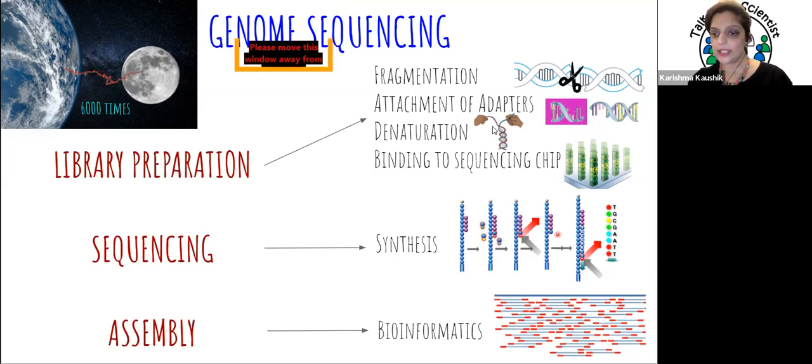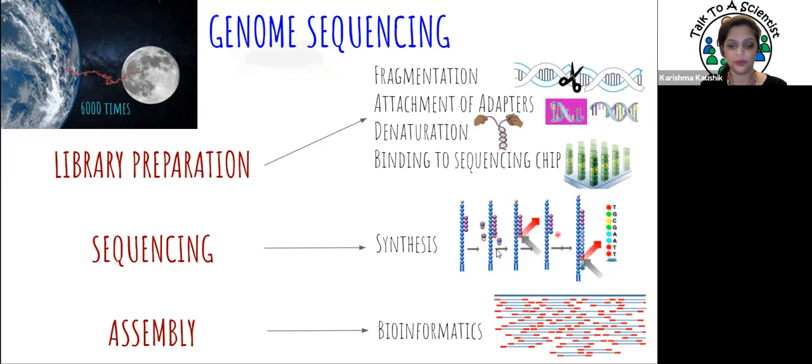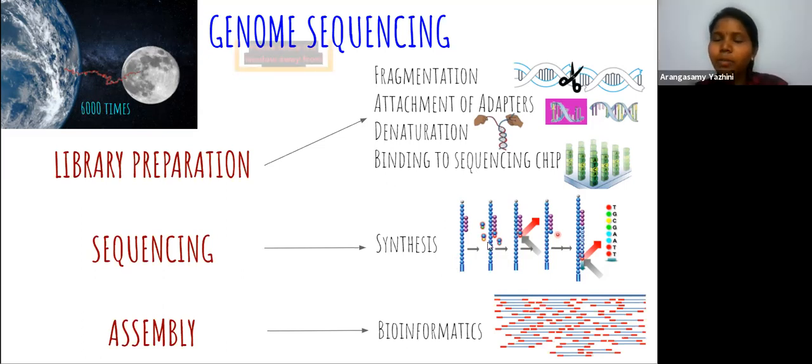Somebody is asking, what are these colors? These are just for our visual representation. In the last step, for the ATGC, you are basically adding some chemical which gives a color.